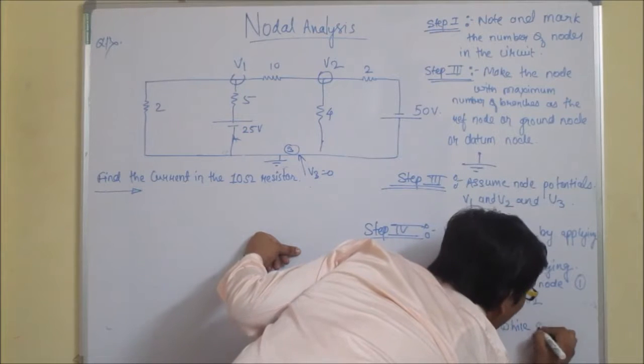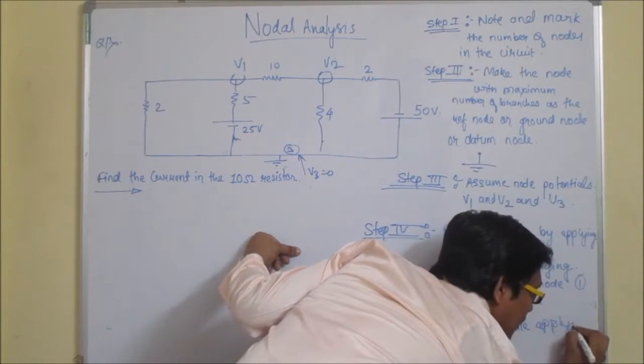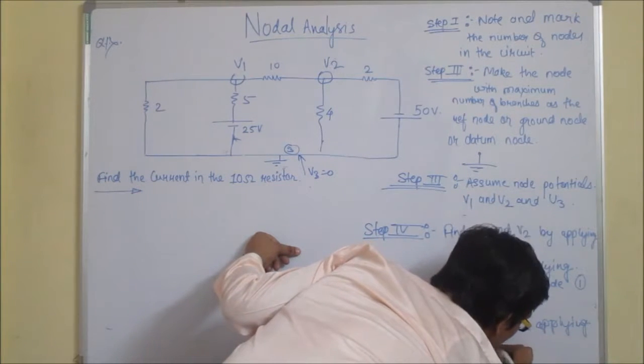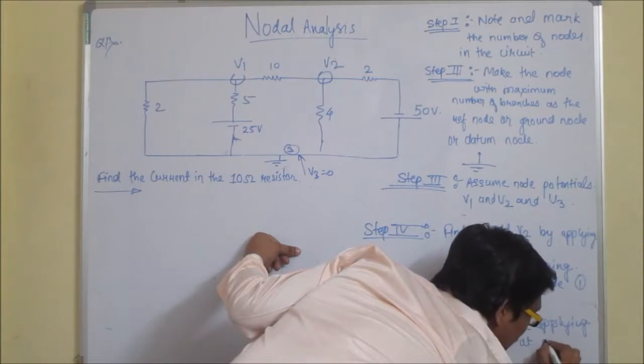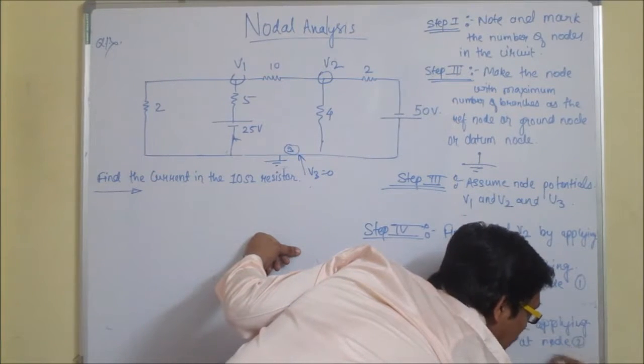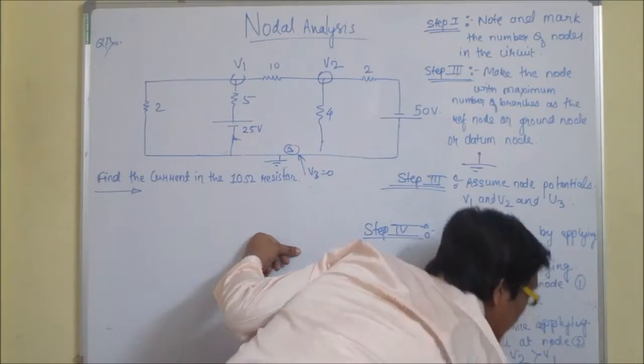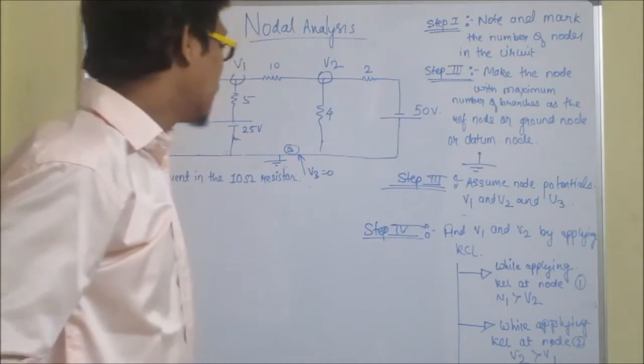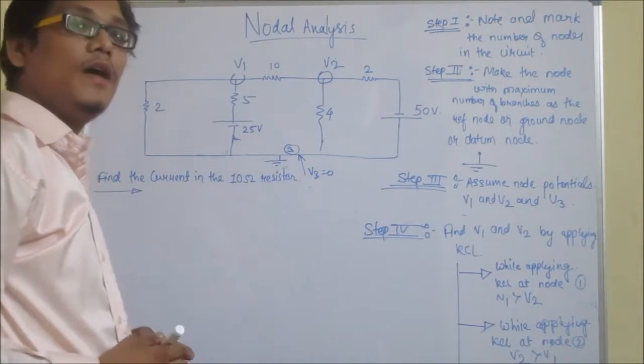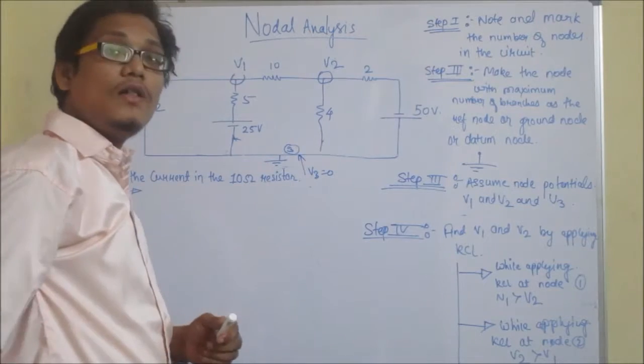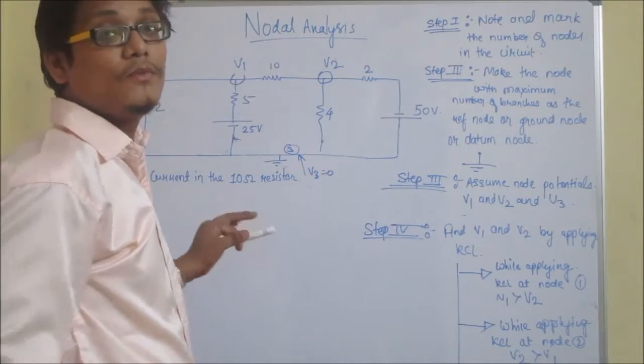While applying KCL at node 2, V2 is greater than V1. And always assume in nodal analysis that all the currents are going out from that node.